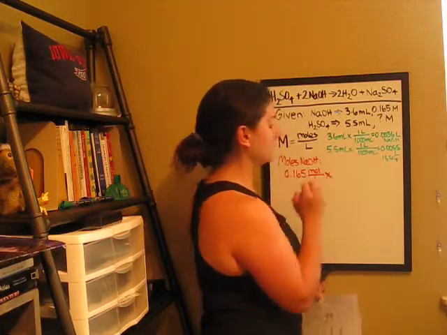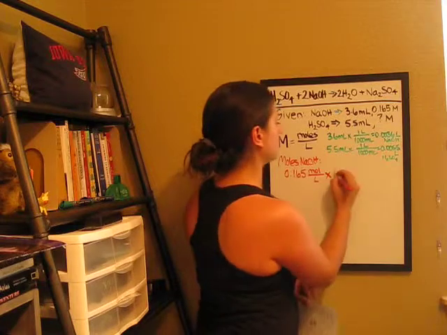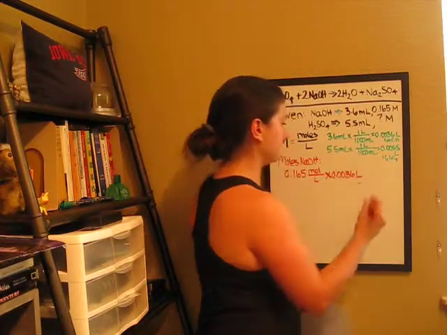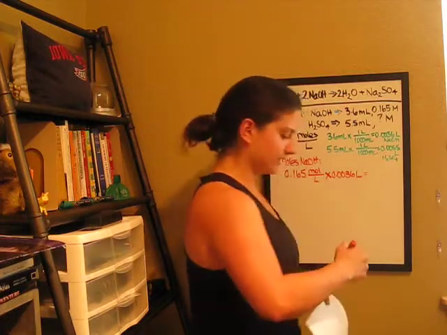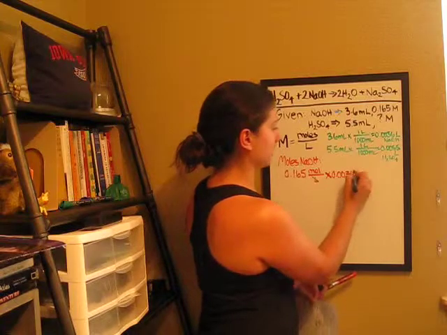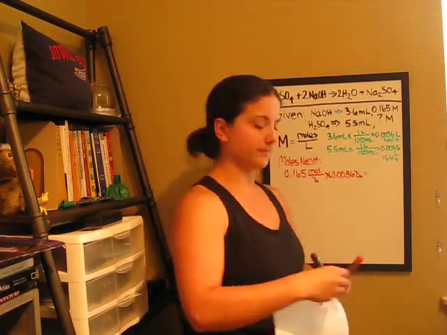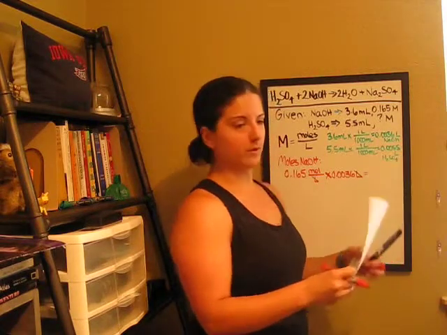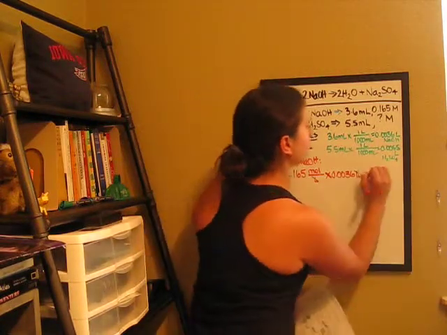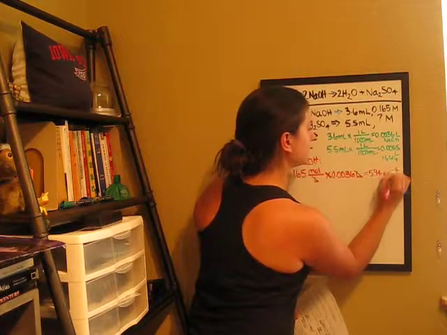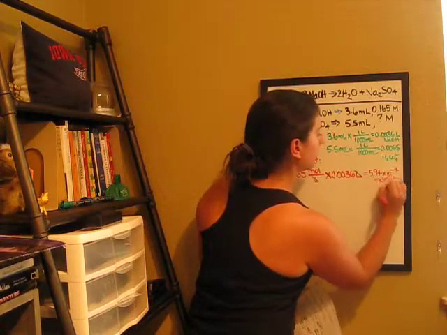So we multiply by the volume, 0.0036 liters. The liters on the bottom and the top cancel, and if we do this on our calculators, we get 5.94 times 10 to the minus 4 moles of NaOH.